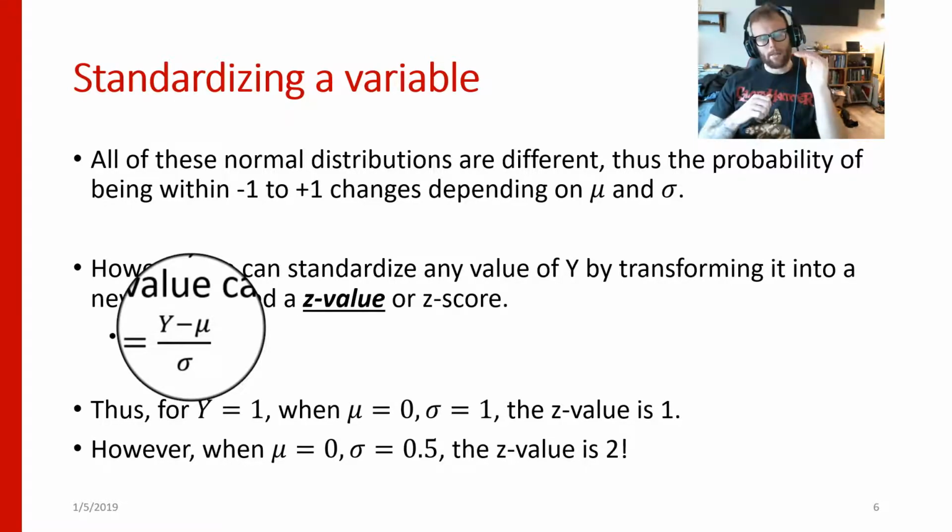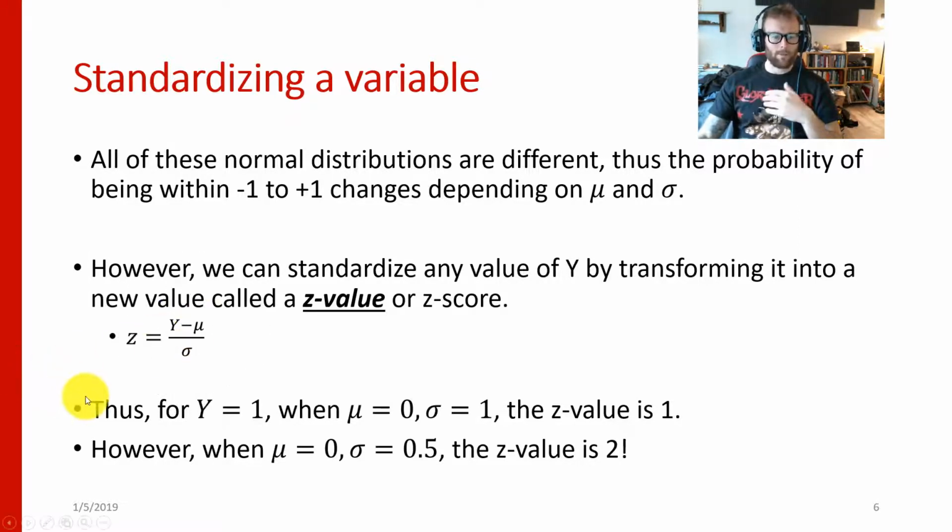So we take y minus mu, and that tells us the distance it is from the mean, and divide by the standard deviation. Thus, if we have a standard normal distribution and y is equal to 1, well, in a standard normal distribution, mu is equal to 0, sigma is equal to 1. So 1 minus 0 is 1, divided by 1 is 1. So the z-value for that score would be 1.